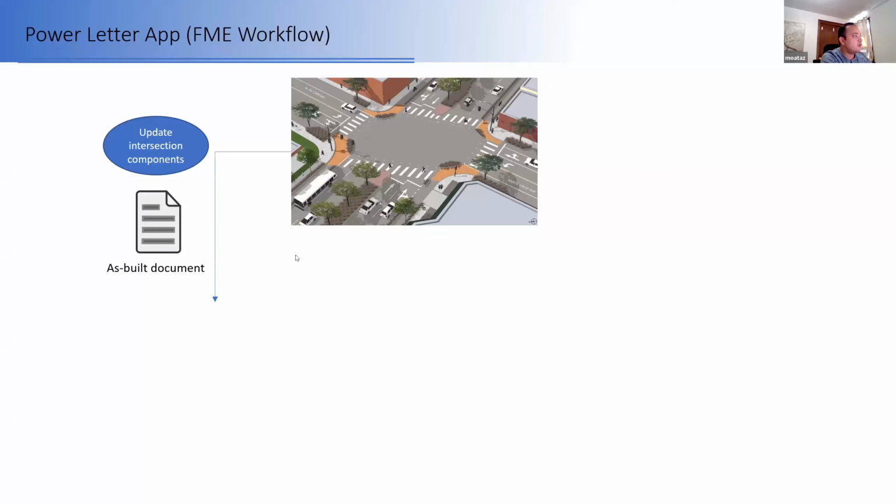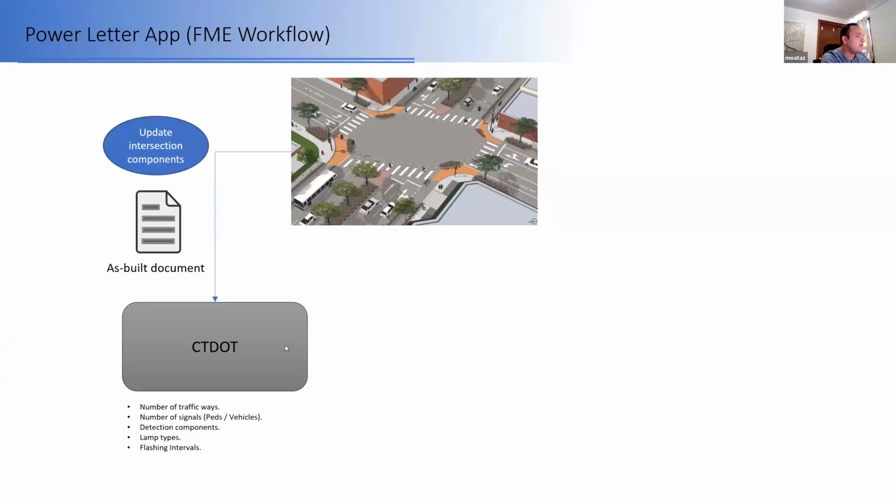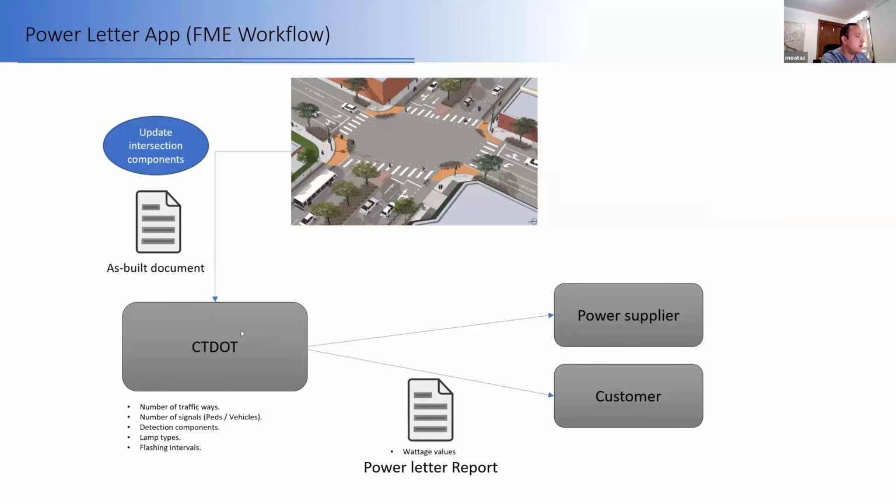And a field worker or engineer sends an as-built document to the CTDOT, which the traffic signals team breaks down to power wattages and applies some formulas to estimate the power consumption rates on that intersection. Then a formal Power Letter report is sent to the power supplier company and the customer who will be billed with such wattage rates.